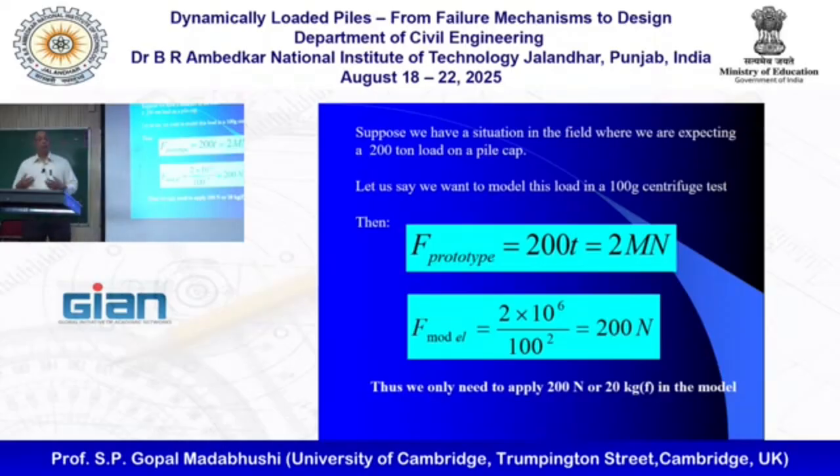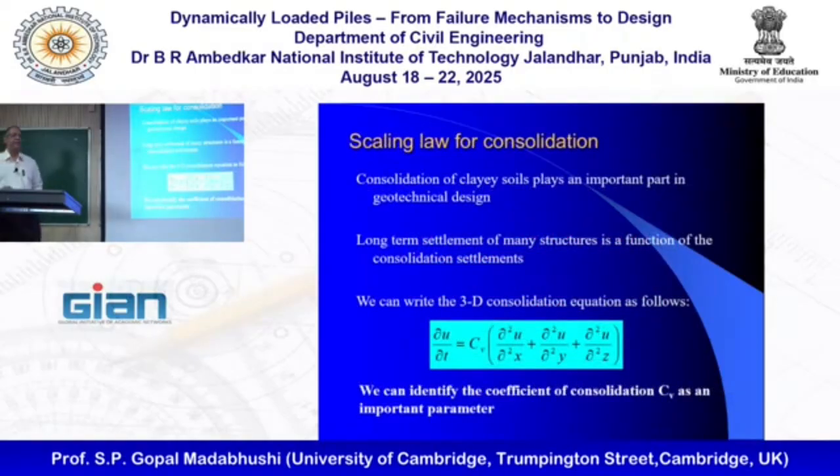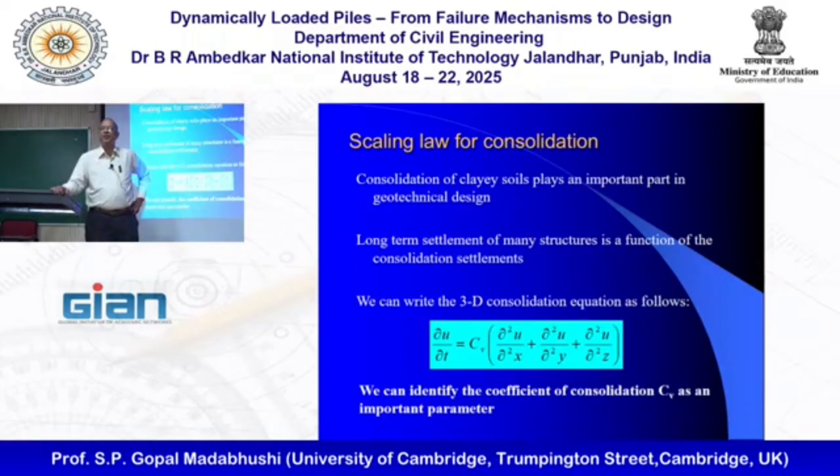So we can do a lot more testing like this and determine pile load tests easily. There's something even nicer. I believe you learned a little bit about consolidation, and consolidation of clays is, I can say, the bane of geotechnical engineering, but that's where we make most of our money too. Because people want to put embankments and buildings on clay.